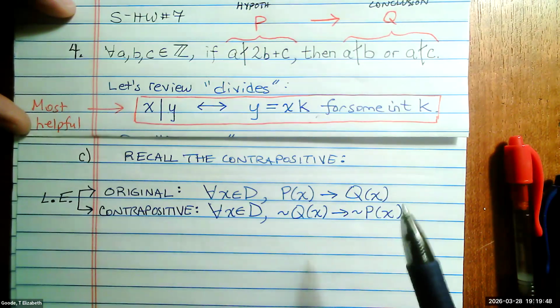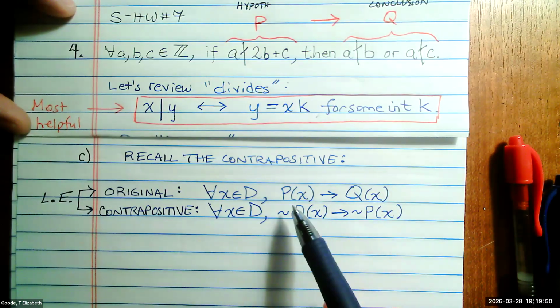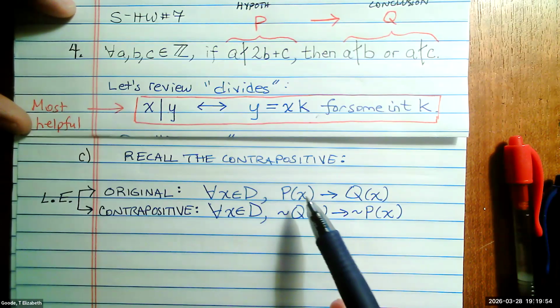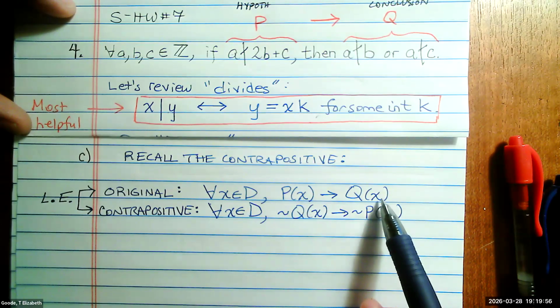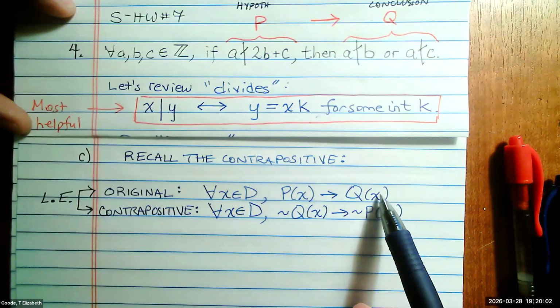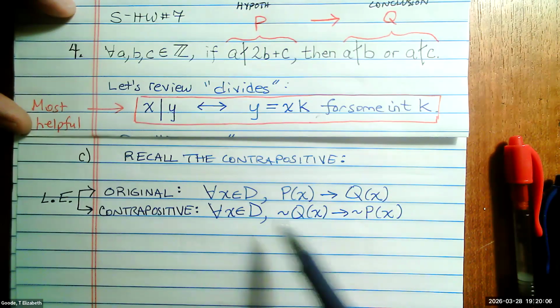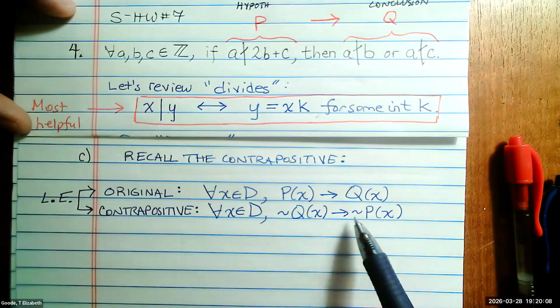For example, for all plants X, if X is a rose, then X is a flower. Well, that means the same thing as for all plants X, if X is not a flower, then X is not a rose.